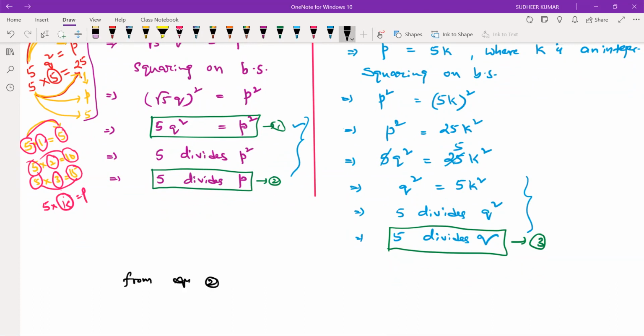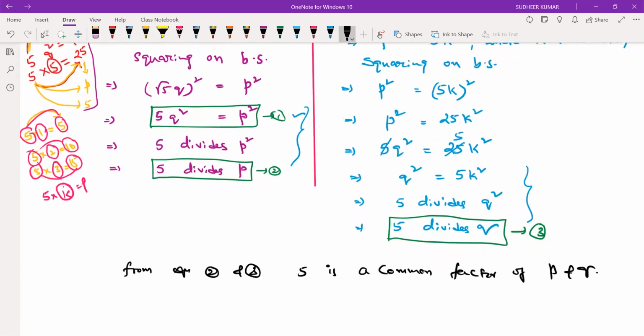From equation 2 and 3, 5 is a common factor of P and Q. As per the definition of co-primes, what common factor must be there? 1 only. So is this wrong or not? Yes, our assumption is wrong. So here we write, this is a contradiction.